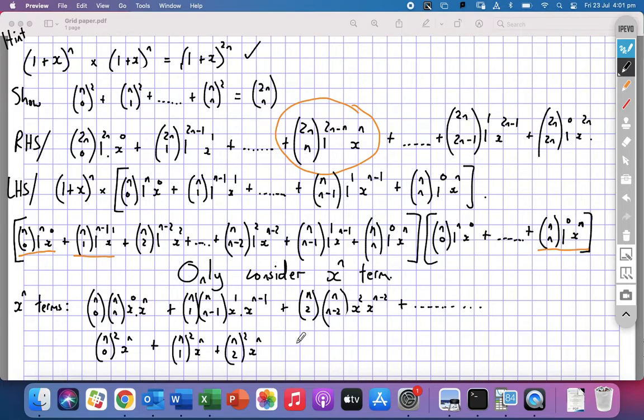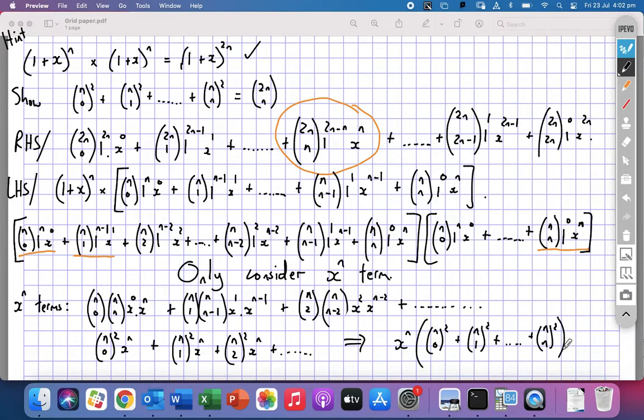Obviously that keeps going, but I can pull out x to the n and see what I'm left with, because every one of these terms has an x to the n in it. Let's pull it out and see what we're left with. n choose 0 squared plus n choose 1 squared, and this would go all the way up to n choose n squared.